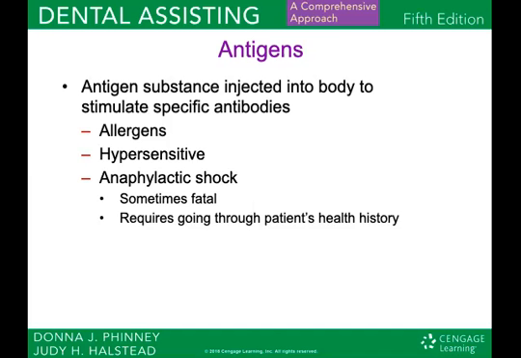If an individual is severely sensitive to an antigen, the body will secrete a great amount of histamines. This type of reaction is called an anaphylactic shock, and it can be fatal because sometimes it causes a person's throat to swell, for example, which can cut off their airway, and a person can die that way.